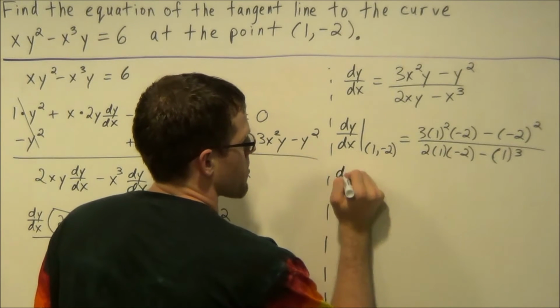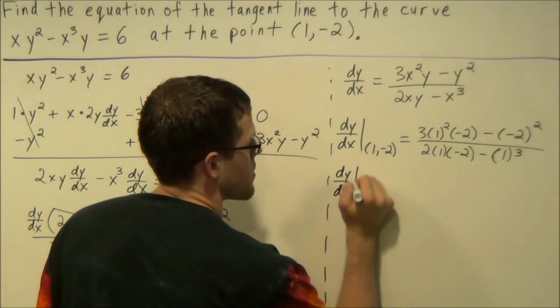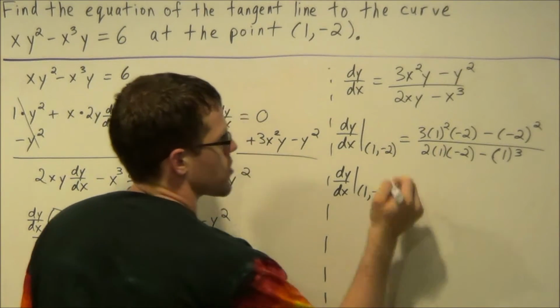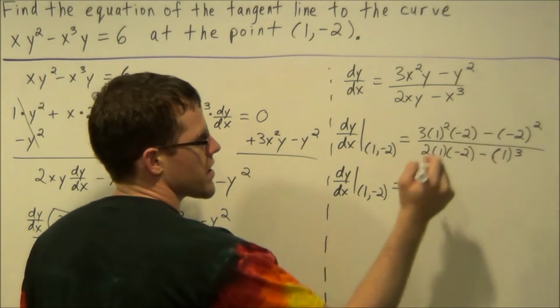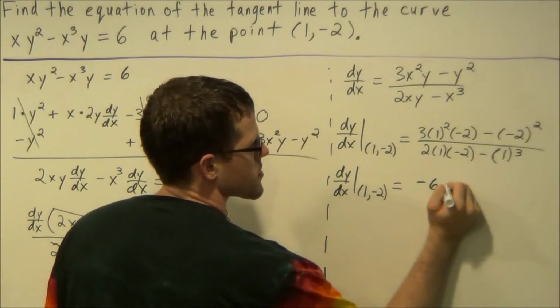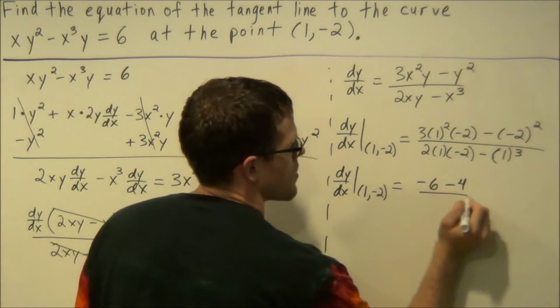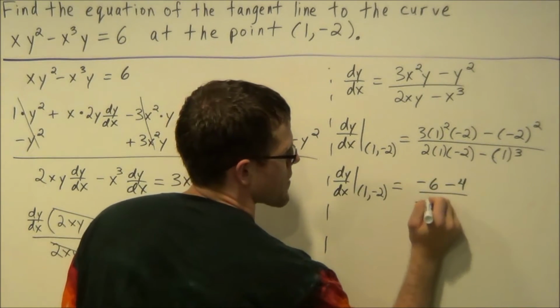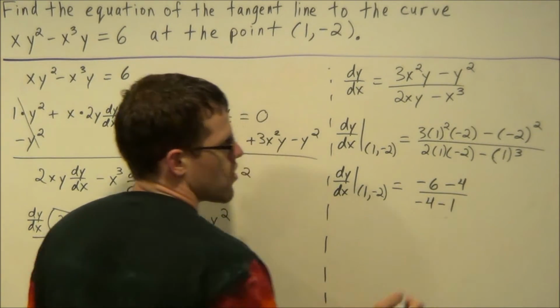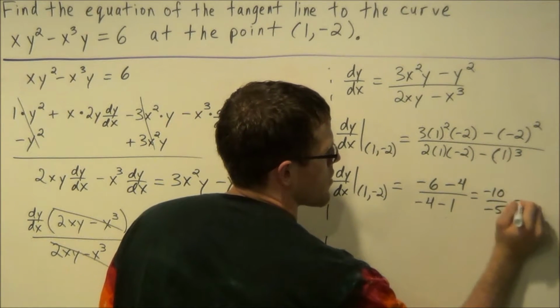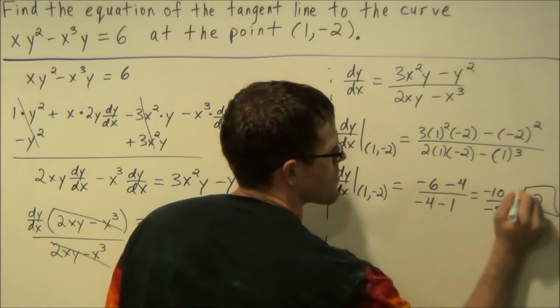We just follow the order of operations and simplify. In the numerator, 3 times -2 is -6, minus (-2) squared, which is 4. This is over -4 minus 1. This gives us -10 over -5, which simplifies to positive 2.